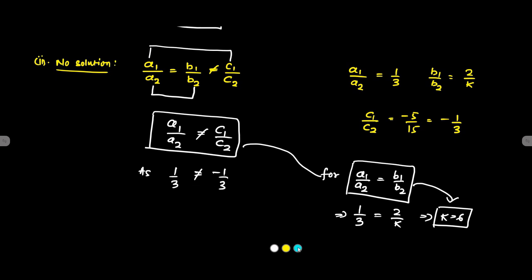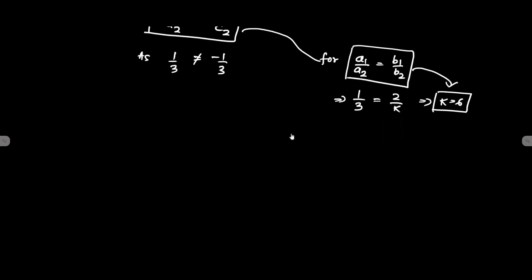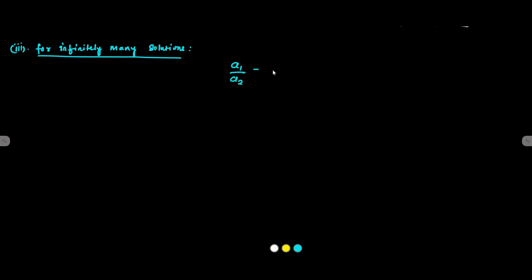Then for infinitely many solutions, the condition is a1 by a2 should be equal to b1 by b2 should be equal to c1 by c2.